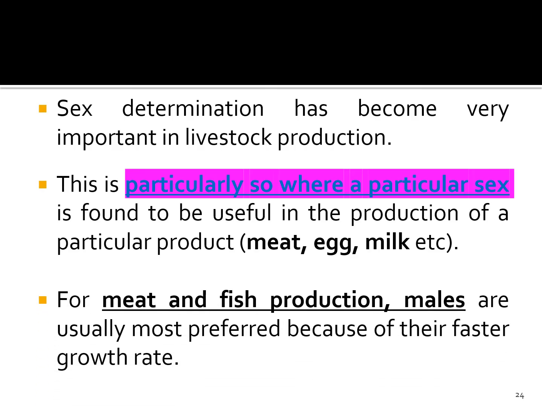If there's any way that this can be influenced, it will be of particular importance to the farmer, hence things like sex reversal. For meat and fish production, particularly, males are usually the most preferred, and this is because they have a faster growth rate.